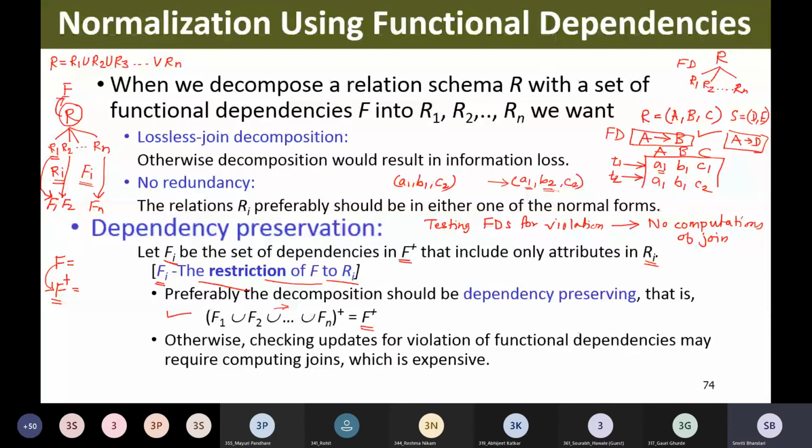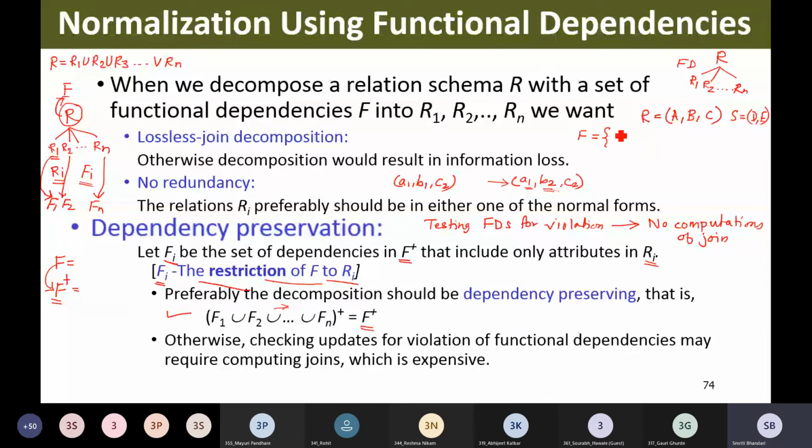Say we once again have these two schemas R and S. R comprises three attributes A, B, C. S comprises two attributes D and E. And we have a set of functional dependencies.